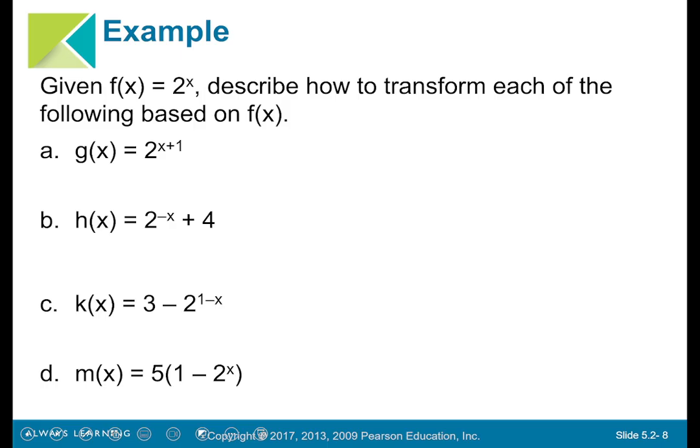So horizontals are opposite how you kind of naturally imagine them going. So if we add 1 to x, we actually shift the graph left 1 unit. And that's because we added 1 to the x, we shift the graph left 1 unit.